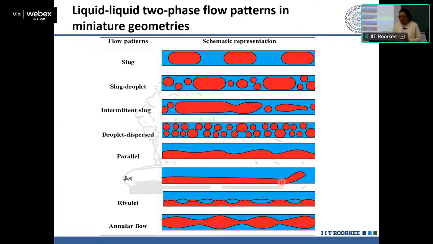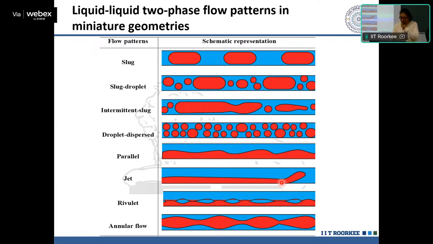In dispersion also we sometimes see that two small drops can join, and sometimes we see a larger drop. So that is called droplet dispersed flow. There is a mixture kind of flow, a mix of droplets and fine droplets, actually a distribution of droplet size.